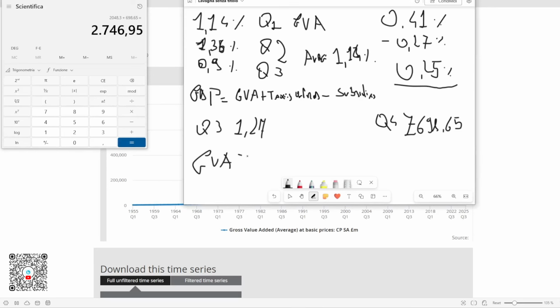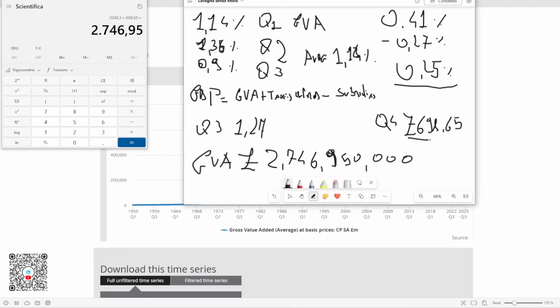It could be roughly 2,746, that would be 2,746,950,000,000 pounds. That would theoretically be the final 2025 gross value added for the overall economy.